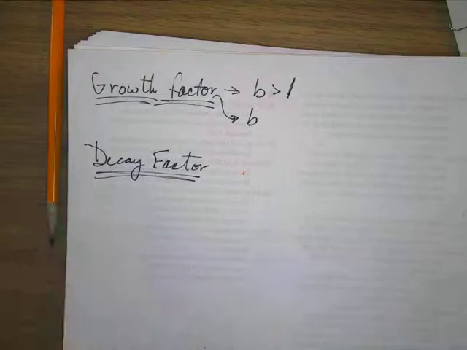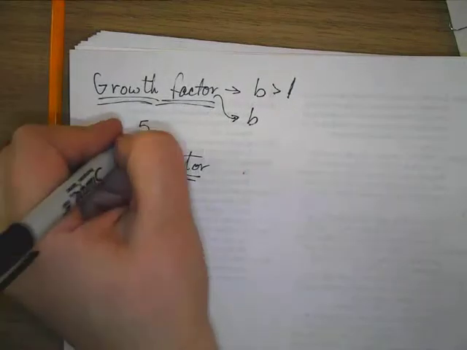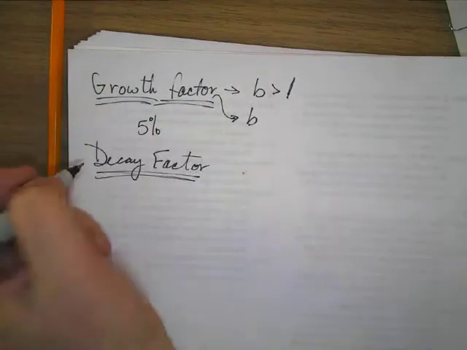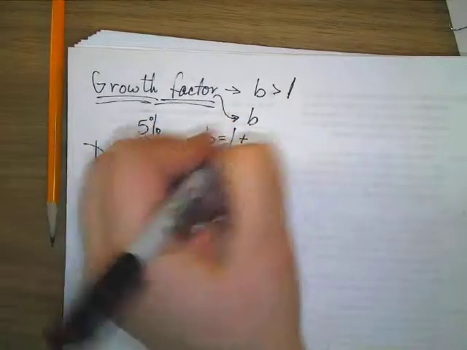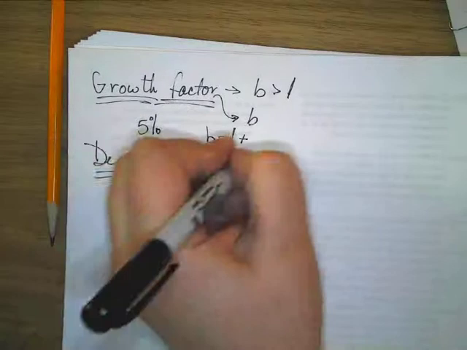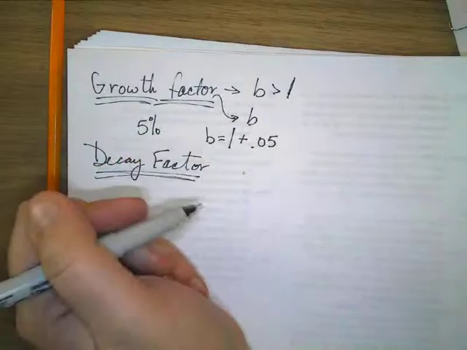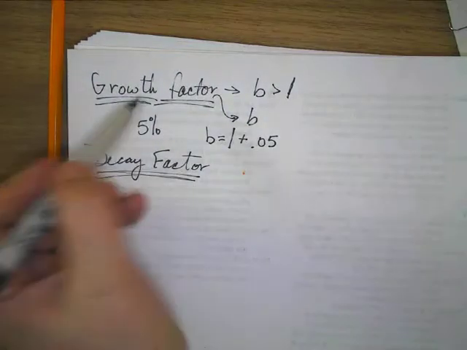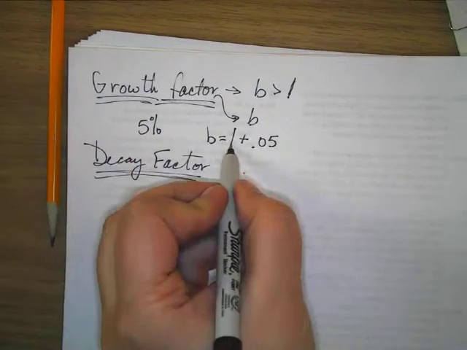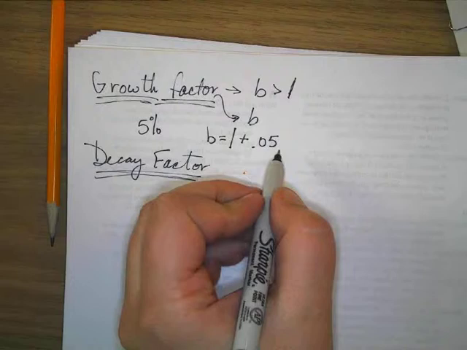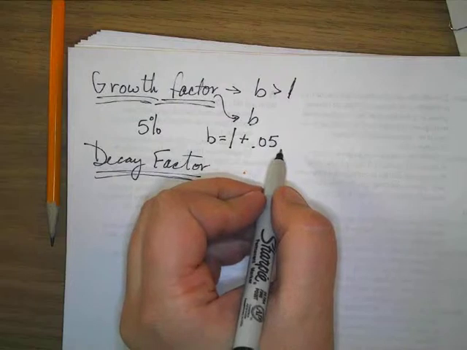And to figure that out, like in the last example, they said it grew by 5%. So our b would be the 100% we start with, plus, we don't use 5% as a percent, we would change it to a decimal. So our growth factor, if it says it grows by a certain percentage, is the 100% we start with plus the increase. What if it was a decay?